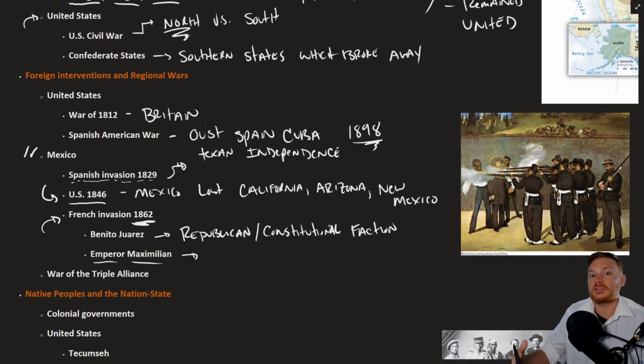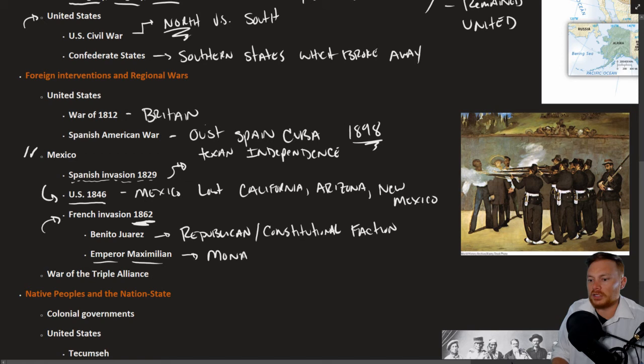He had close ties to the former Spanish king, and so he represented the monarchy. Again, you still had people in Mexico who supported the Spanish monarchy, and for a time period, the French invasion supported Emperor Maximilian against the Republican constitutional faction.